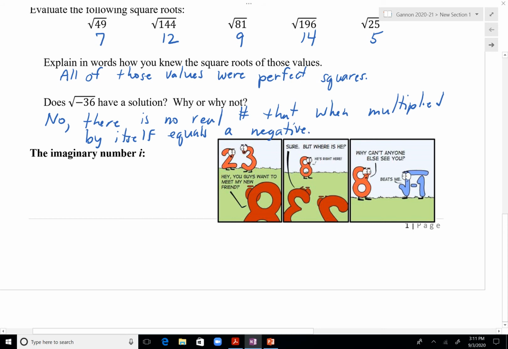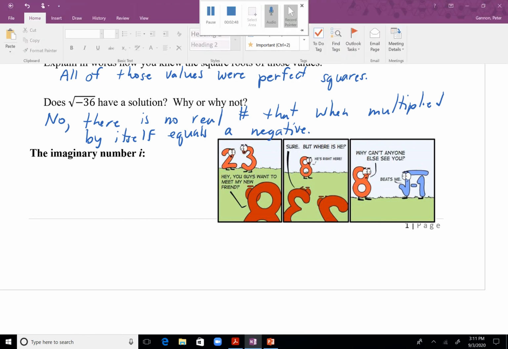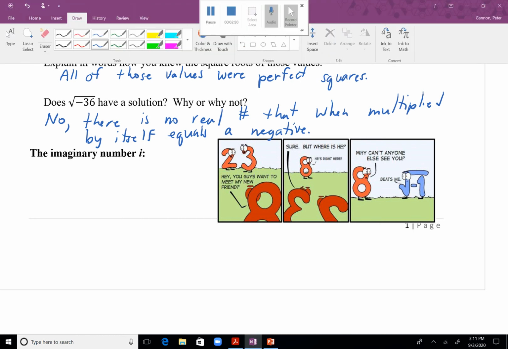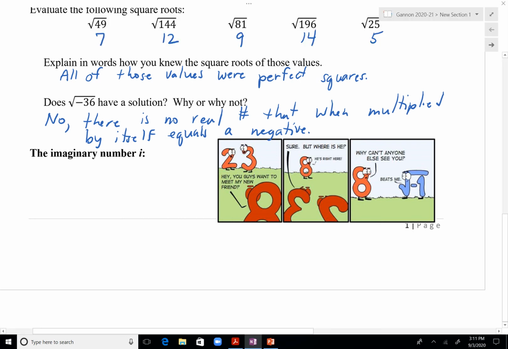That idea brings us to the next concept. In this unit, one of the things we're going to introduce is something called an imaginary number, and the imaginary number uses the variable i. i is equal to the square root of negative 1.